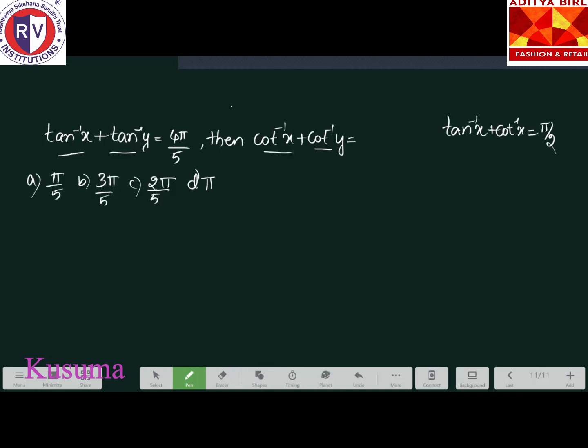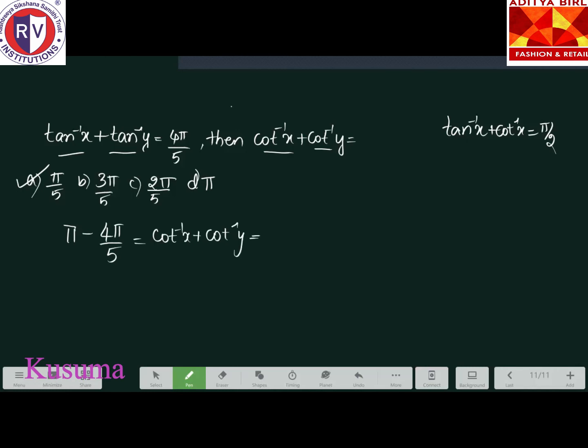Ma'am, option A, pi by 5. Understood how to do it? Option A is the answer. So pi by 2 minus cot inverse x plus pi by 2 minus cot inverse y will be equal to 4 pi by 5. So pi by 2 plus pi by 2 will be equal to pi minus 4 pi by 5 will give you the value of cot inverse x plus cot inverse y.